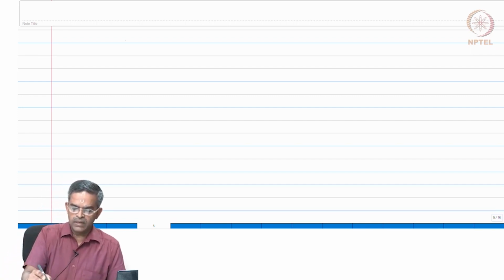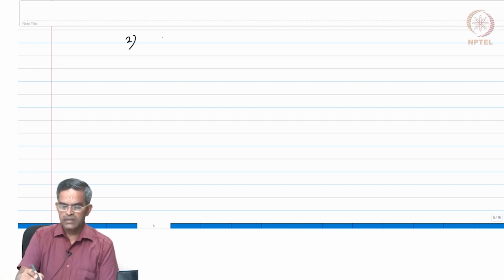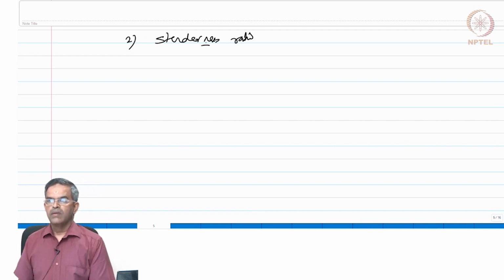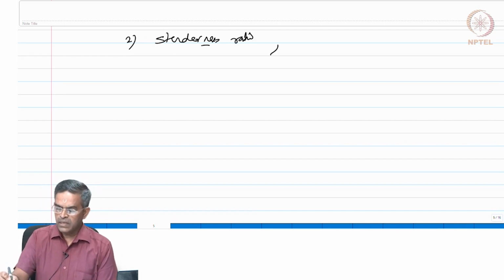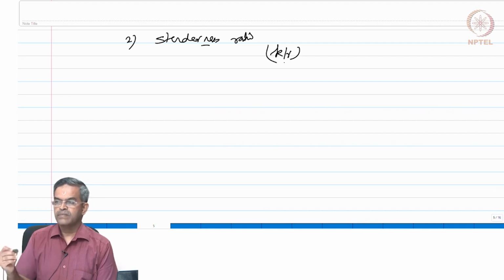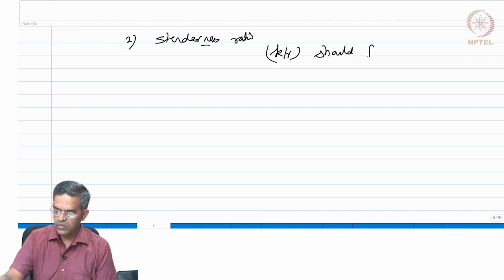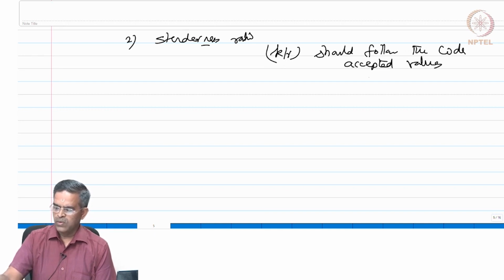the second condition of course comes is the slenderness ratio. The slenderness ratio K L by r should follow the code accepted values for different members.